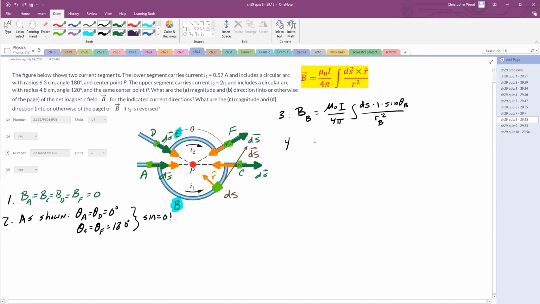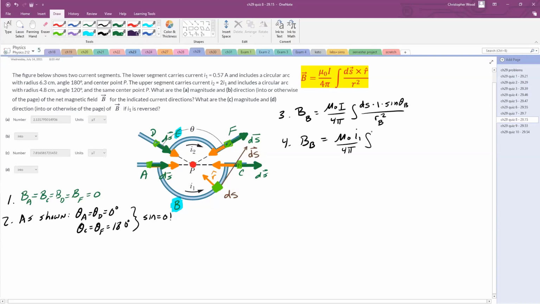Okay. So number 4 then becomes this contribution equals mu naught I. Oh, and we have 2 different currents. So it's going to be mu naught times I1. I1 is what's flowing through segment B. Mu naught times I1 all over 4 pi.